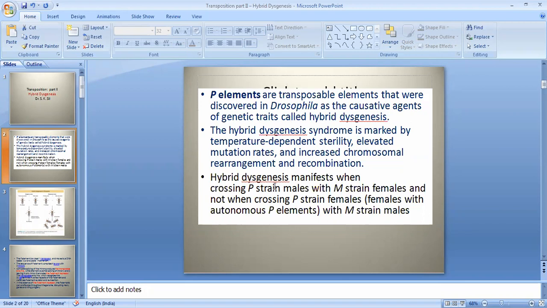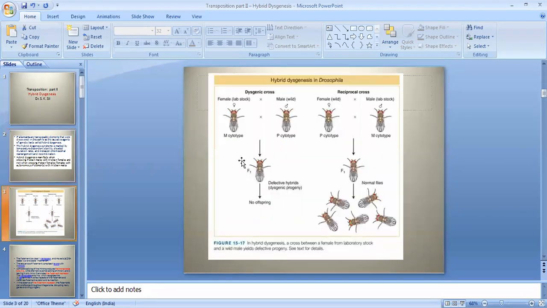Okay, now let's make it more clear. Suppose these are parents. This is female and this is male Drosophila melanogaster. Now, when they cross in a certain cytotype, we'll discuss and explain this cytotype.